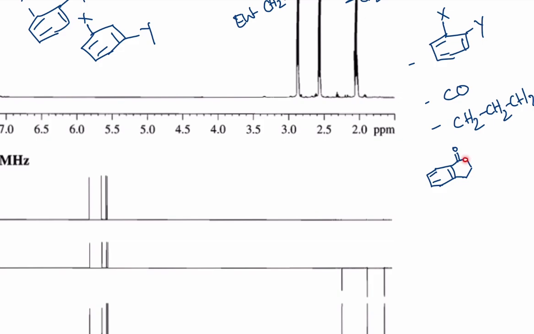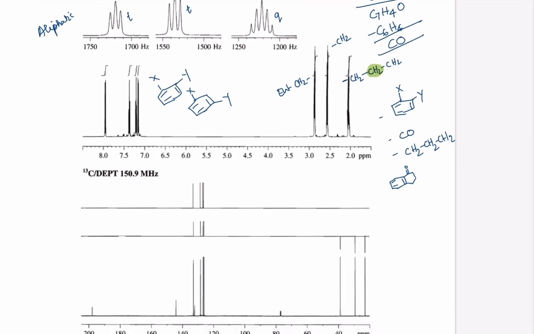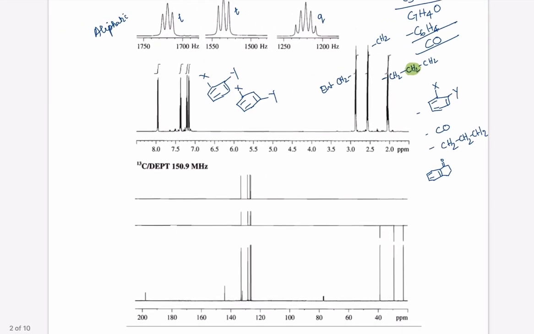So here are the 3 CH2s together, and then finally connected to the other carbon. We still need to find out which hydrogens are correlating with which.